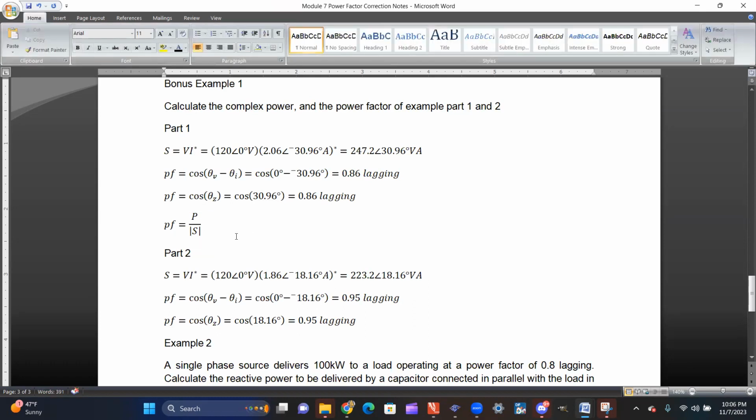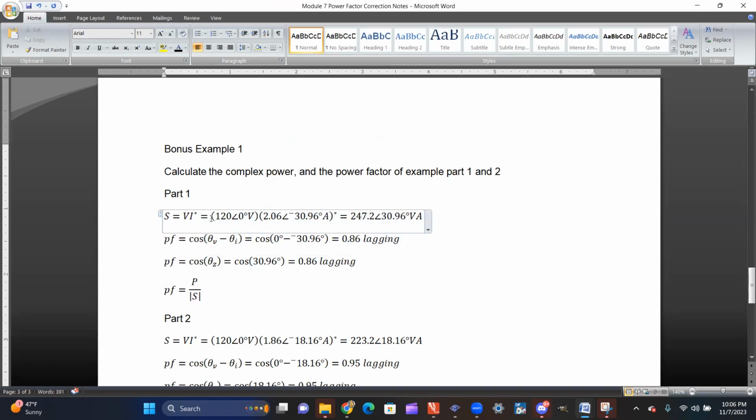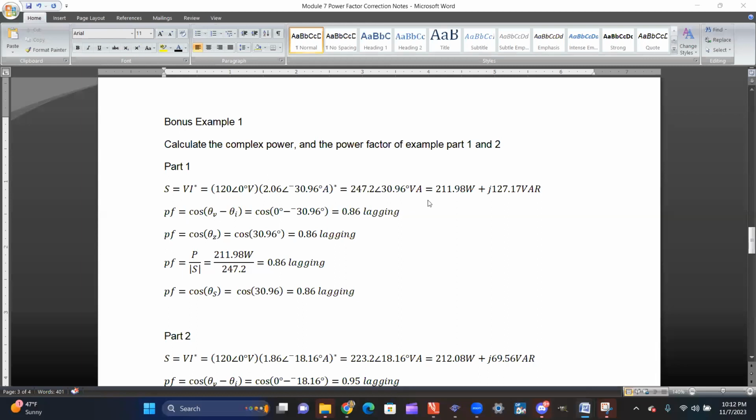In order to calculate your P, one way is to convert this complex power to rectangular form, so that you can get the actual power and the reactive power separately. Then you can use this formula right here to calculate the power factor: P divided by the apparent power.